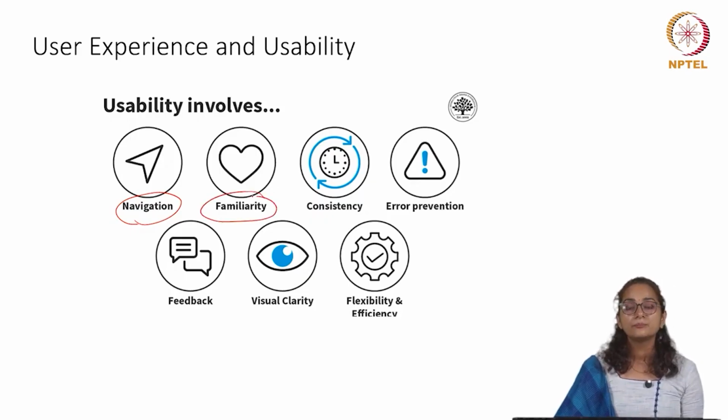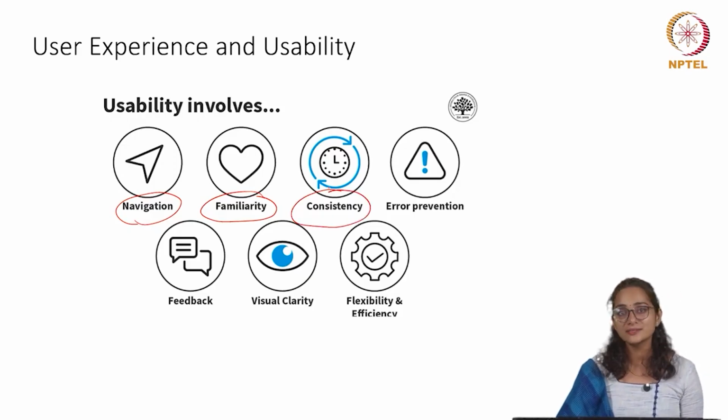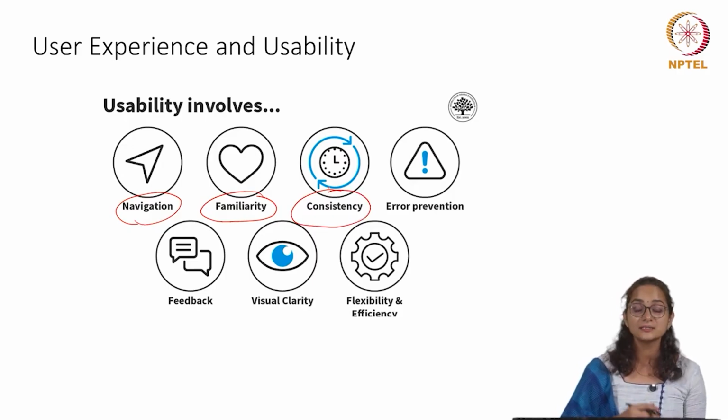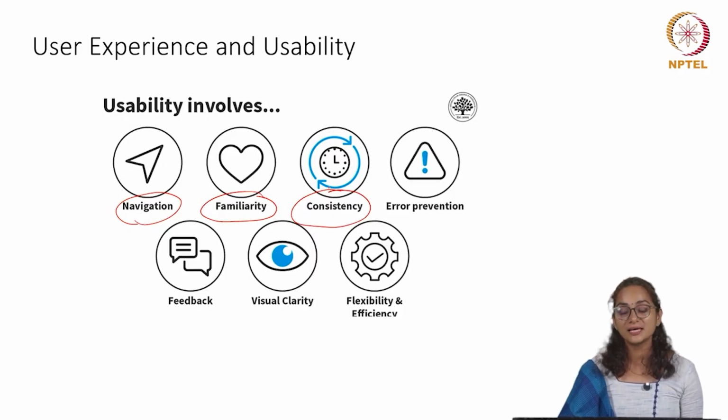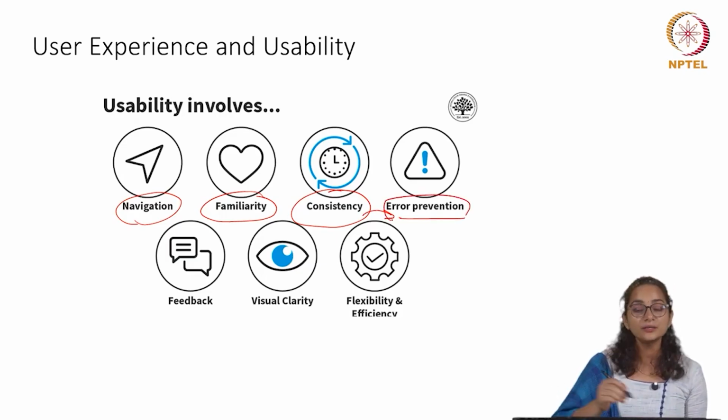Familiarity, be it context-dependent familiarity, information-dependent familiarity, or just the predictability of what will come next. That is also part of familiarity. It should not shock or surprise users every now and then. There has to be a consistency that also adds value to the familiarity aspect as well as to the predictability aspect, which in turn also enables error prevention.